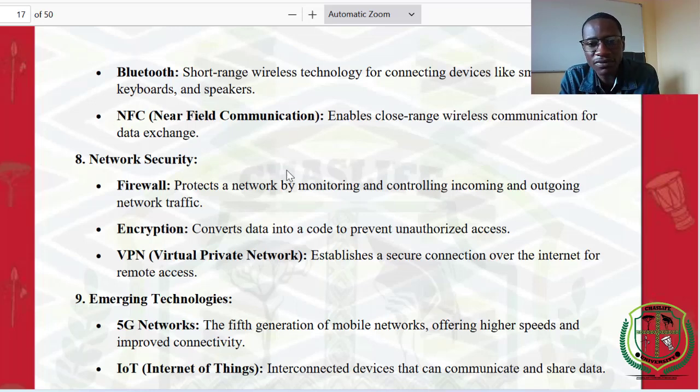During that time, people were downloading VPNs on their smartphones and computers. Once you turn on the VPN and choose the country of your choice, India or something, you'll be able to go to the internet and do everything you need. So that's an example. Those are categories of network security.